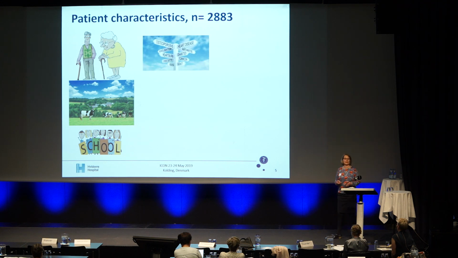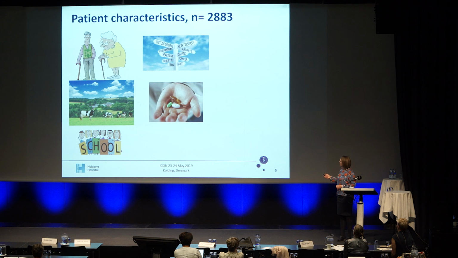Then we looked at the chronic disease. They have, in Denmark, an average of 6 different chronic diseases. The first diseases are atherosclerosis, then comes hypertension, then diabetes, and then heart ischemia, heart disease. And they also get 5 different types of medication.